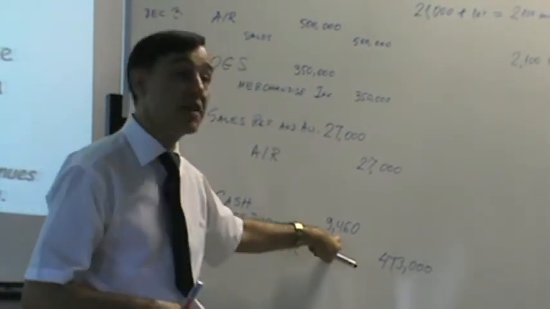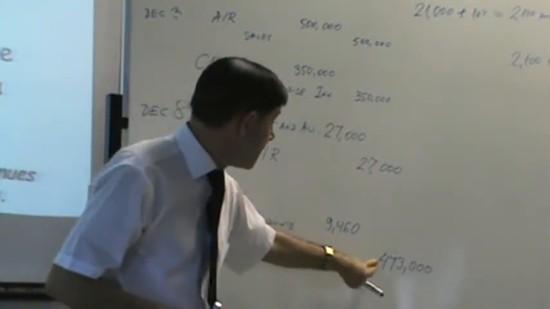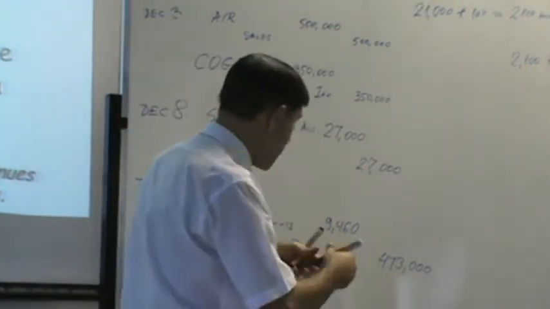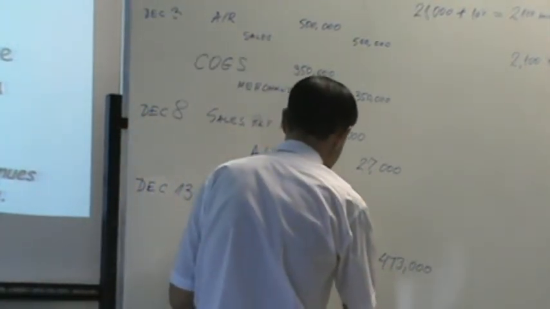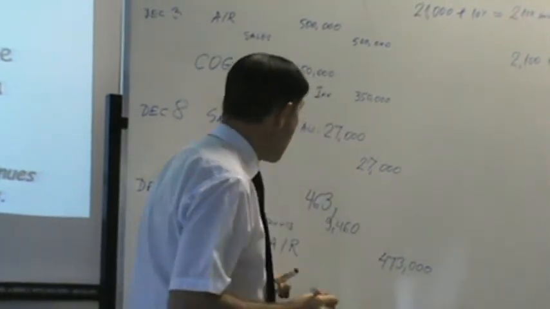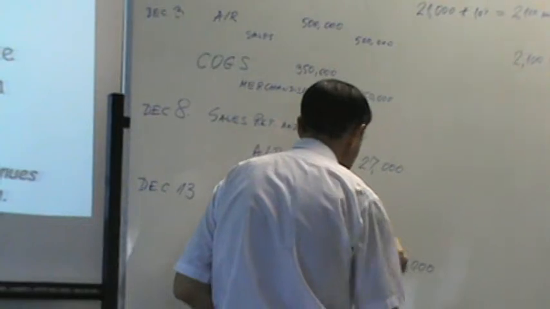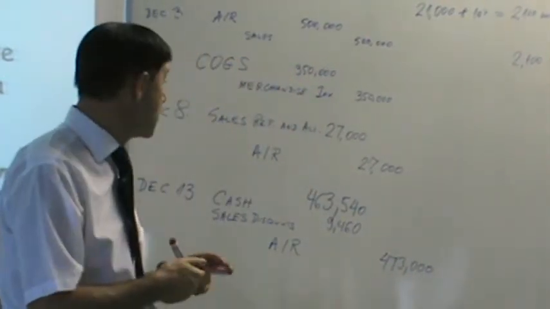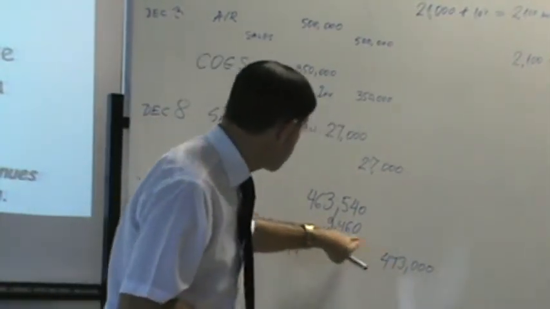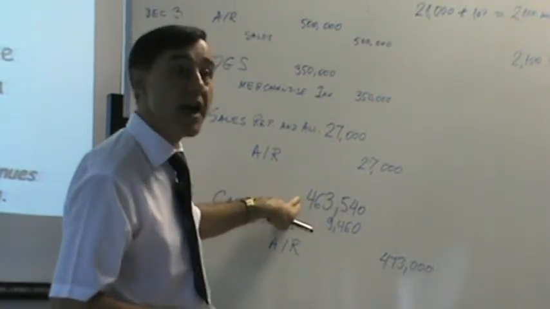The difference between these two is 463,540. So it is this minus this is the cash.